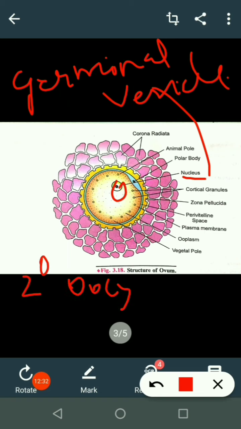It is not actually the ovum, because the second meiotic division is not completed yet. So here the nucleus is arrested in metaphase II prior to fertilization, and if fertilization takes place, then it will complete meiosis II.